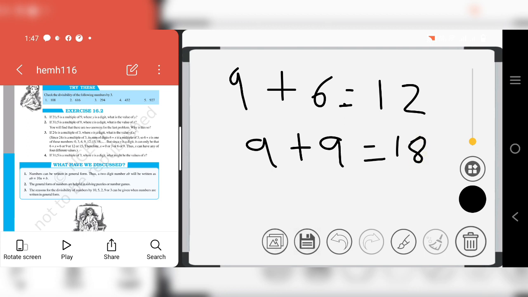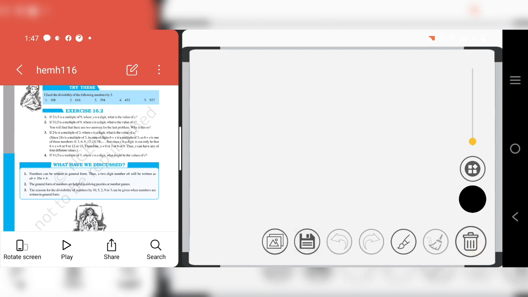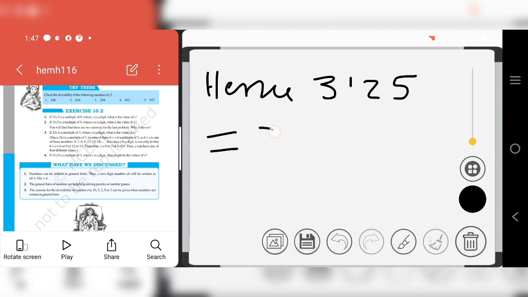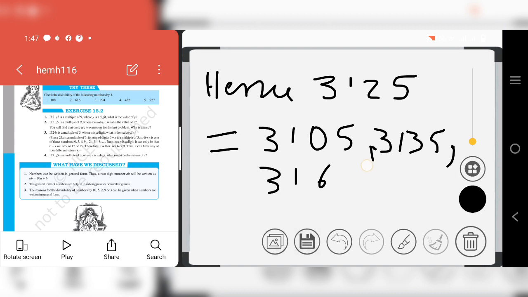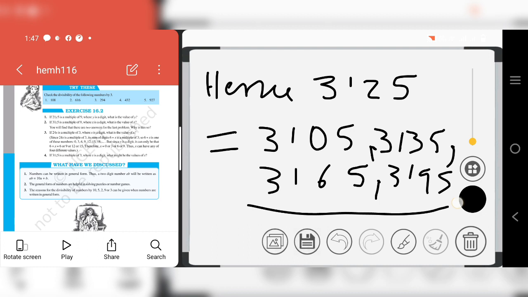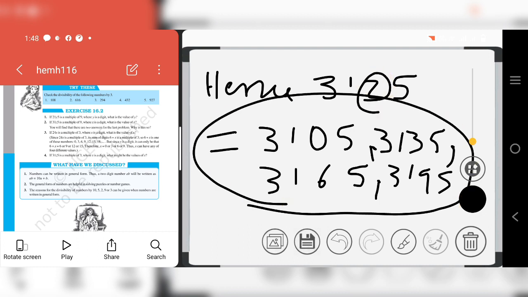So the value of z might be 0 or 3 or 6 or 9. Hence 31z5 is equal to 3105, 3135, 3165, 3195. So we have found the value of z.